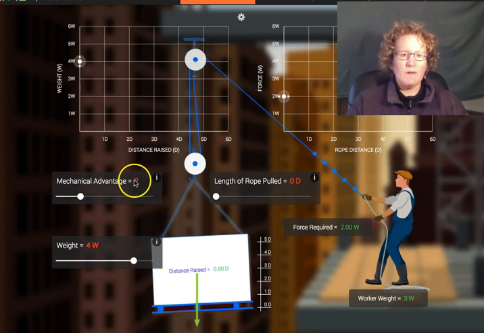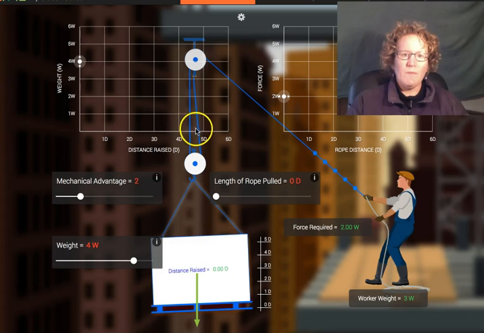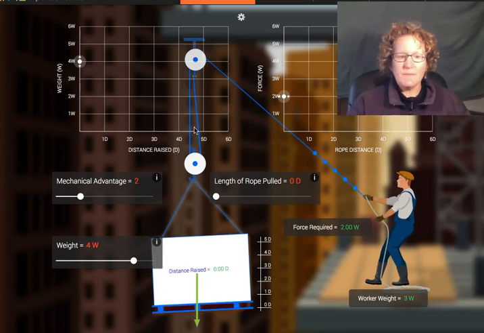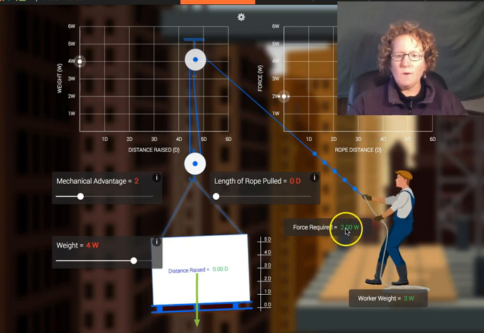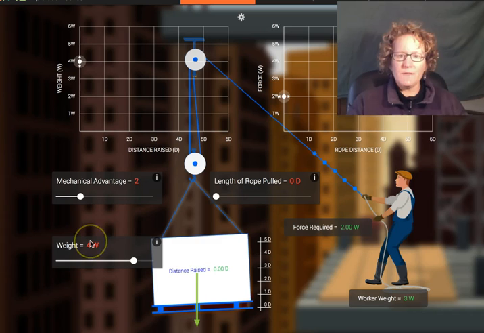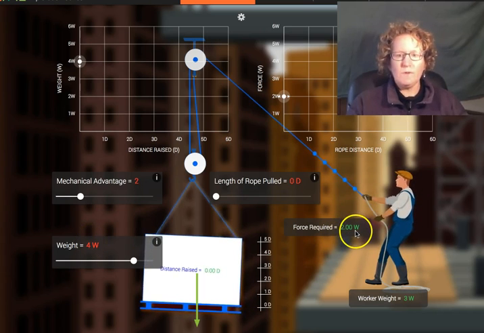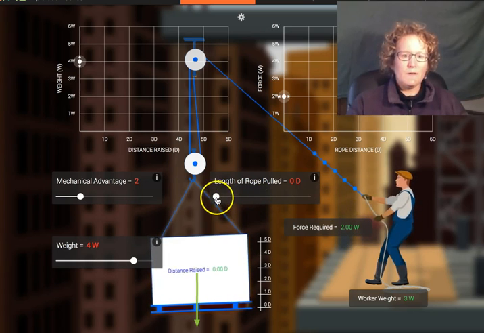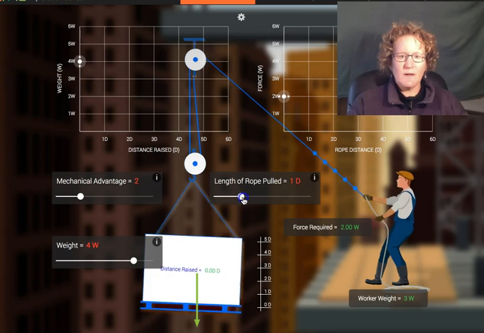If we give him a mechanical advantage of 2, we make him pull twice as far, we increase the distance, we decrease the force here. See, the weight is 4 over here on the resistance side, but on the effort side, you only need 2 units of force. But you're going to need twice as much distance now.